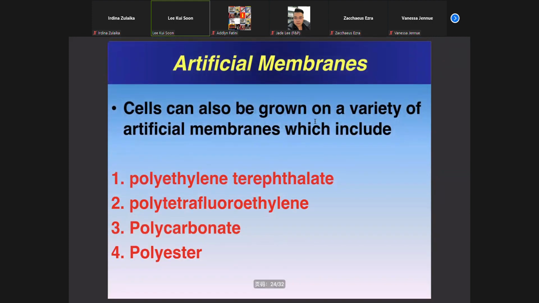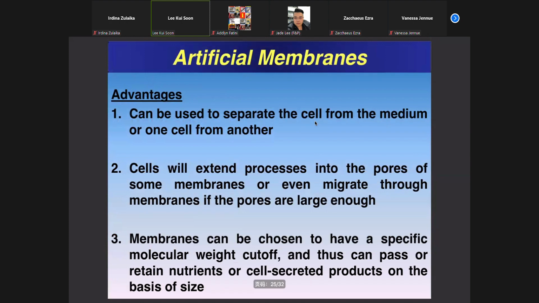Okay, so the artificial membranes will include polyethylene terephthalate, polytetrafluoroethylene, polycarbonate, and also polyester. These are very commonly used artificial membranes in animal tissue culture. Okay, what are the advantages of these artificial membranes? First, they can be used to separate the cell from the media and one cell from another.